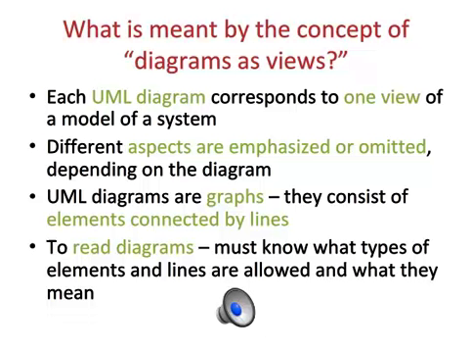Use cases aren't graphs, but use case descriptions, that is. But most UML diagrams are graphs. They consist of elements connected by lines. And to read the diagrams, you must know what types of elements and lines are allowed and what they mean. And as we go through developing different diagrams, you'll learn how to read them. They're not hard to read once you understand, which is what makes them a really great communication tool.